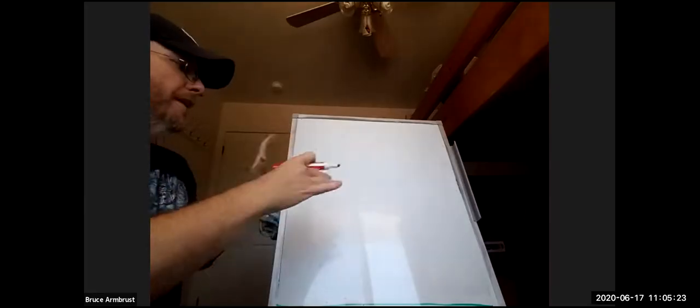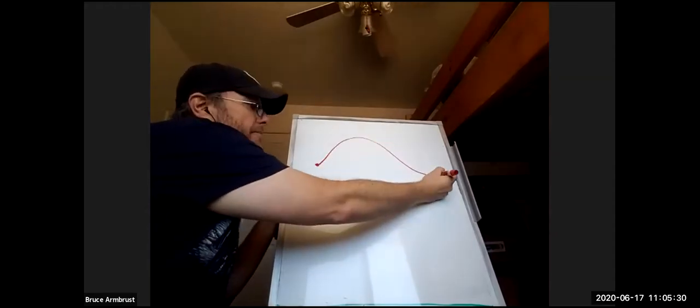I'm going to go to the board. So let me just do this real quick. All right, now I'm going to draw on the board a path that a plane is going to take. So let's say we're looking on our map, and we're looking at where the plane is flying. So let's say the plane leaves here and travels this path.